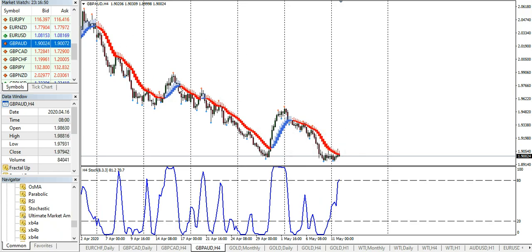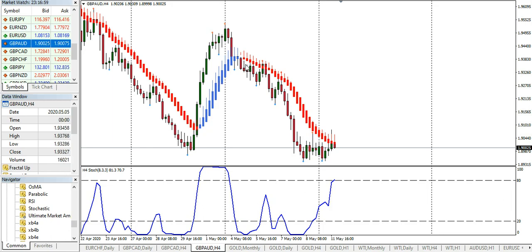Whenever it turns red, if I was looking to sell, then I would sell. So right now I have my indicator on my 4-hour time frame, and I know that my focus is only on buying. When this indicator turns from red to blue, I am going to begin to buy.